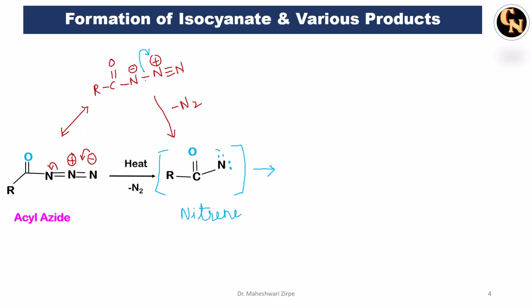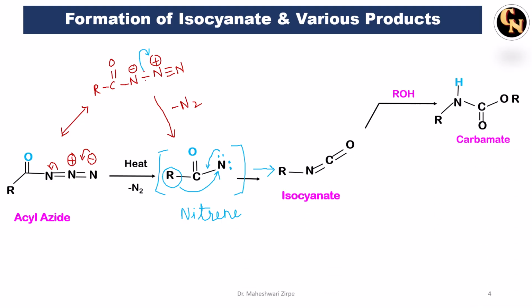They are going to shift here and it will push this R group, that is rearrangement, to nitrogen. So we are going to get an isocyanate this way. That is R. You can find here this R has shifted to nitrogen now. So here is a double bond formation between nitrogen and carbon.